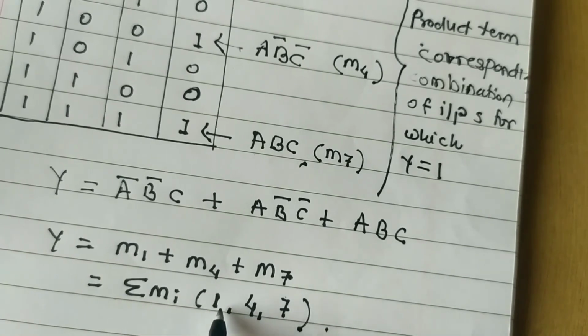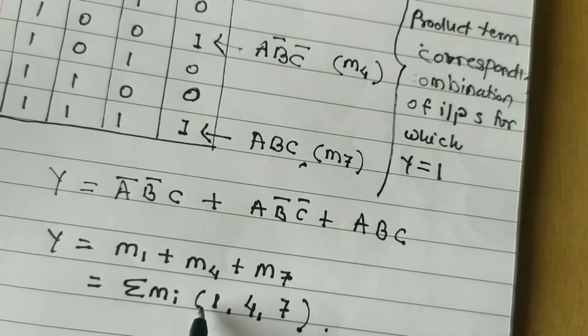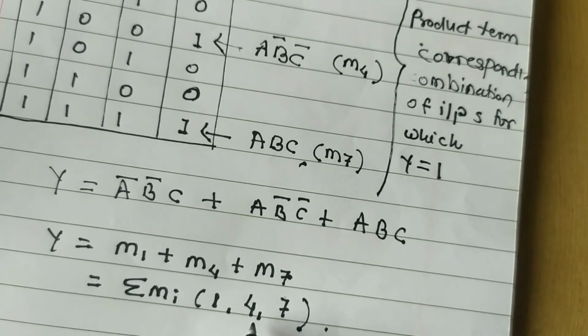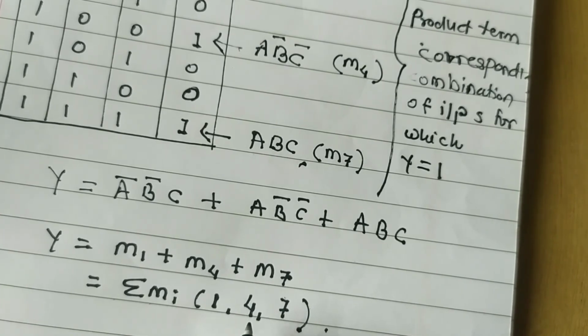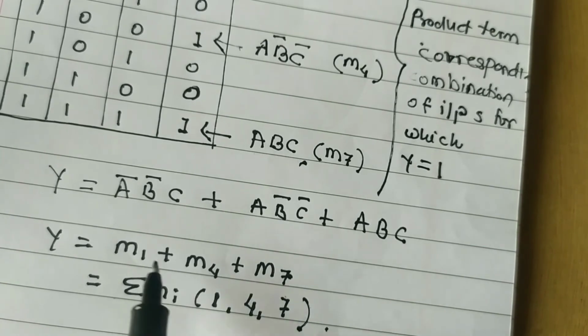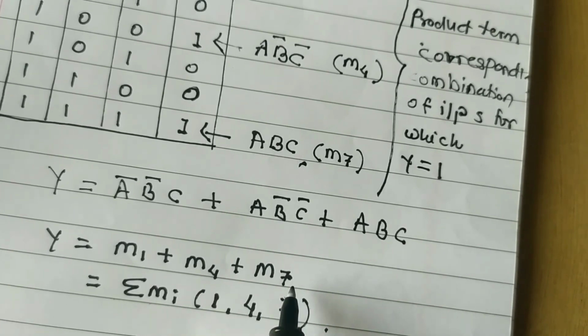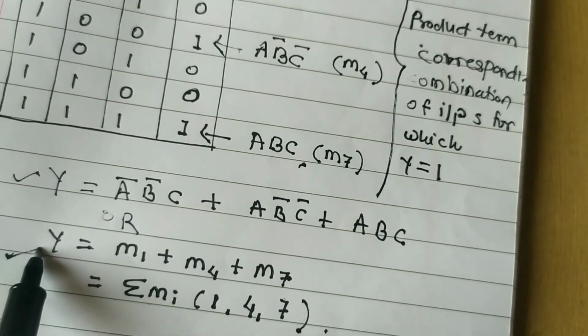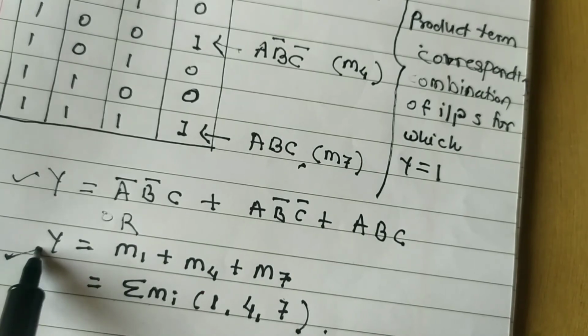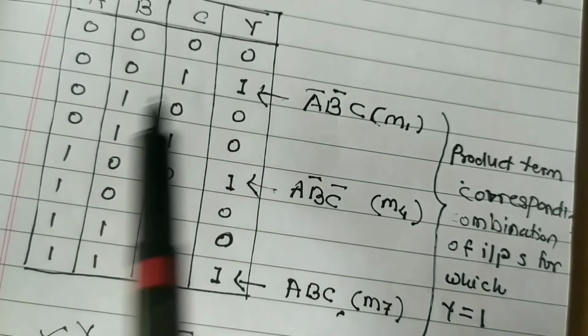So 1 means the product term for 0 0 1, 4 means 1 0 0, and 7 means 1 1 1. We represent the variables in the product terms as minterms and OR all of them, meaning m1 plus m4 plus m7. You can write it in this way or this way for a standard SOP form from the given truth table.